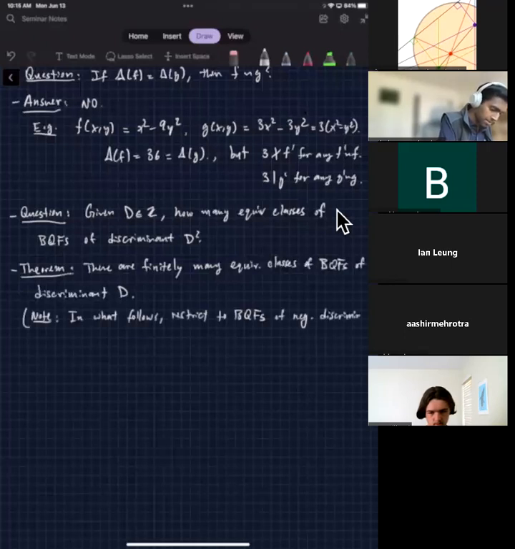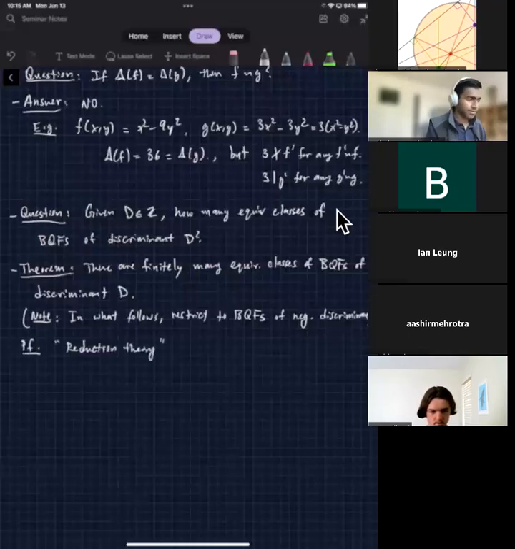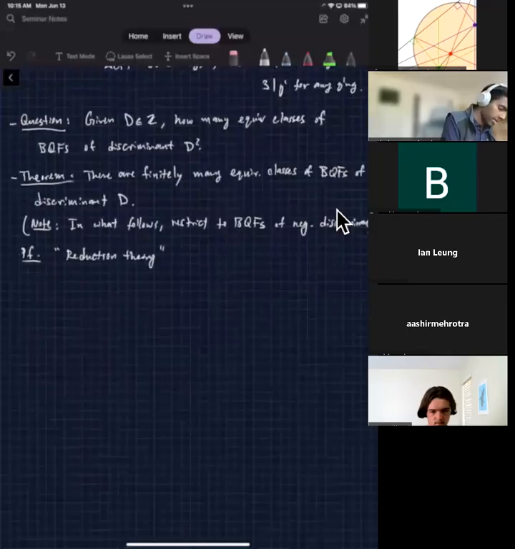Everything I say will have an analog in the case of positive discriminant, but I'm not going to get into that. All right, so the proof is what's known as reduction theory of binary quadratic forms.